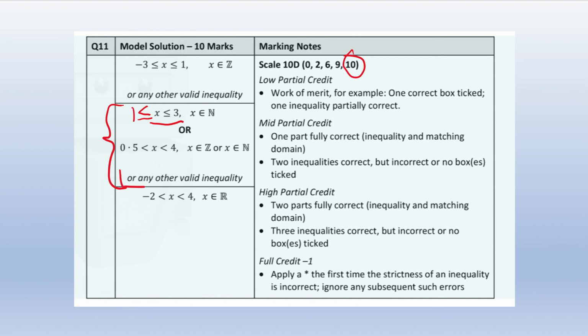So right down here, or any other valid inequality, that just means that there are slightly different answers that you could give that will give you your full marks. For example, looking at this part again, you could have had x as an element of your integers or x as an element of your natural numbers if you did it this way as well.